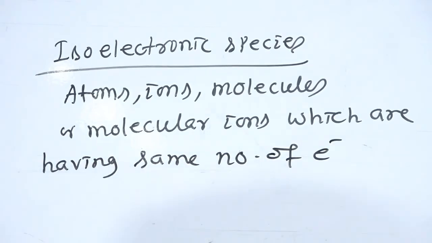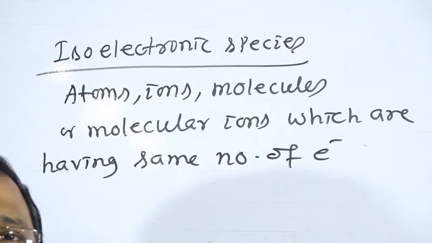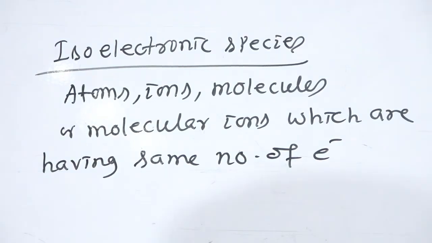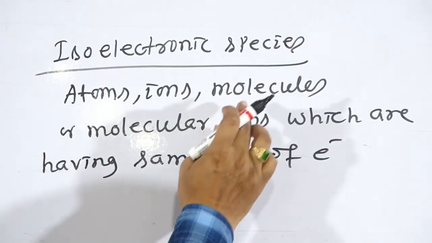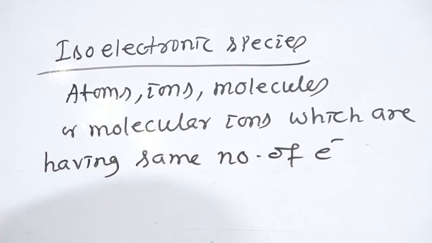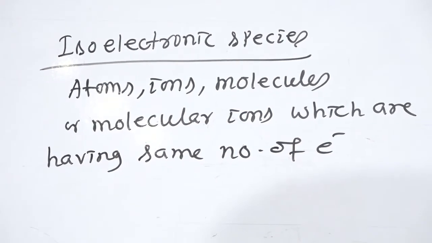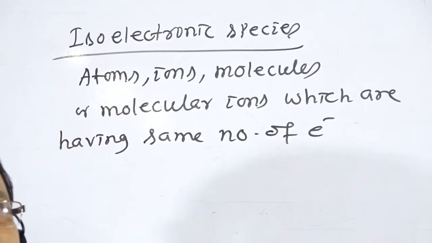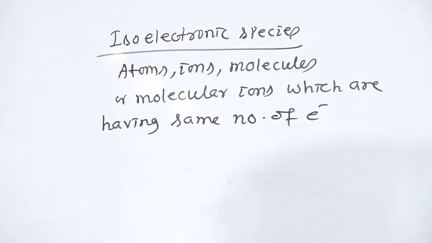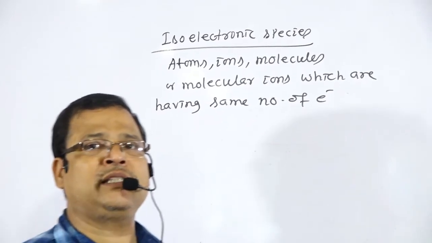So that may be an atom, may be an ion. Ion means that may be a cation or may be an anion. So atoms, ions, molecules or molecular ions must have the same number of electrons. That is known as isoelectronic species.